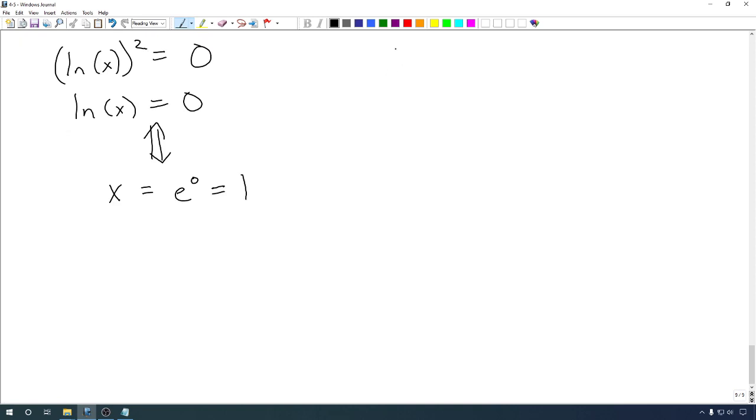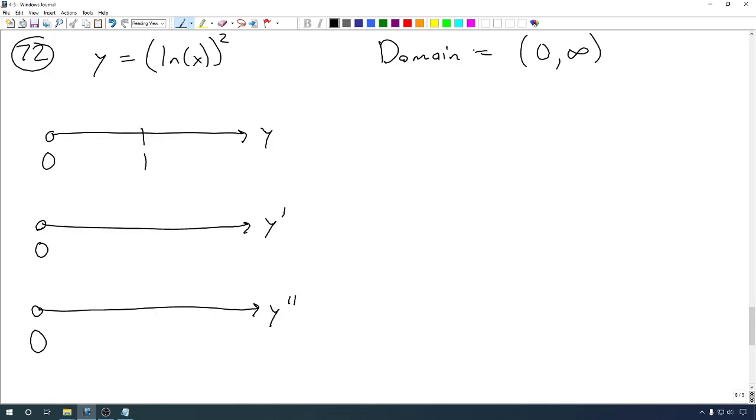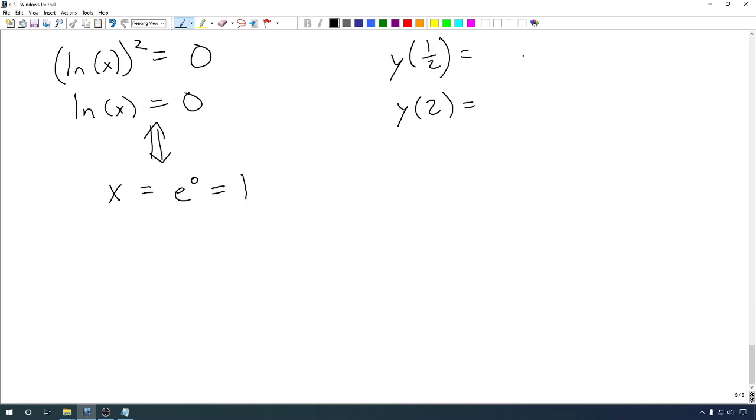Of course, we need to take some test points. I'm going to take 1/2 and 2. Remember, I need a number between 0 and 1, so I need to use some sort of fraction. And I'll just use the first integer after 1. So I have the natural logarithm of 1/2, squared, and the natural logarithm of 2, squared. Now, one thing we can actually do, if we want to use properties of logarithms, is realize that 1/2 is 2 to the negative 1, and we can pull a negative out.